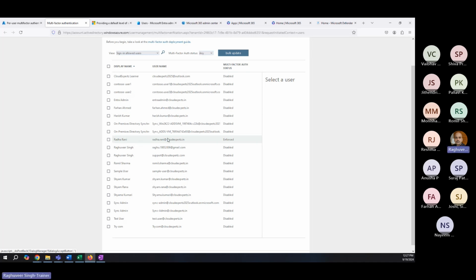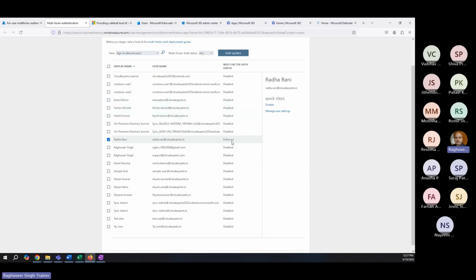If you want to enable MFA for multiple users, you can select them with multiple checkboxes at once, and then you can enable it. Similarly, for those users for whom MFA is enabled, you can enforce MFA also. So let's see the sign-in experience for Radha, and we will look at two sign-in experiences basically.